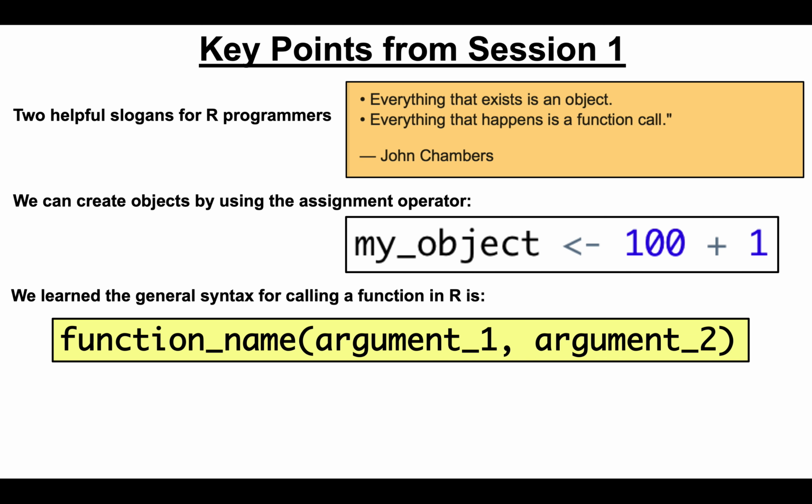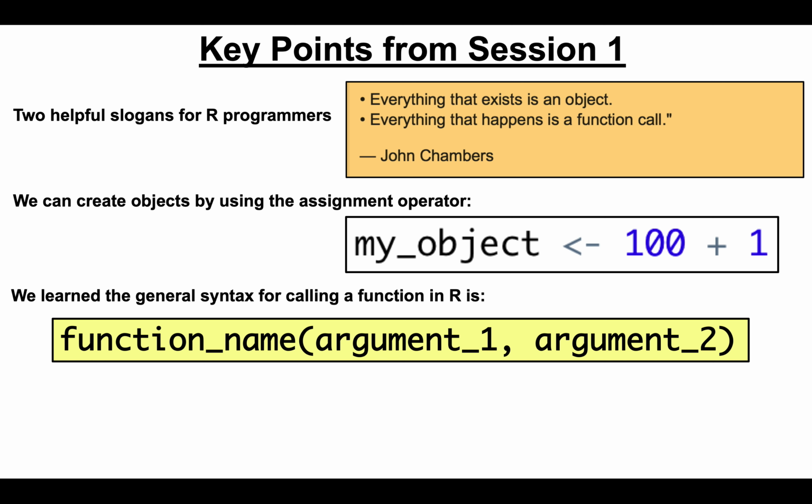All right, so let's do a little recap, remind ourselves what we went over last time. We were talking about a couple of key points, and they're both epitomized by these quotes from John Chambers. What John Chambers says about the R programming language is that everything that exists is an object, and everything that happens is a function call.